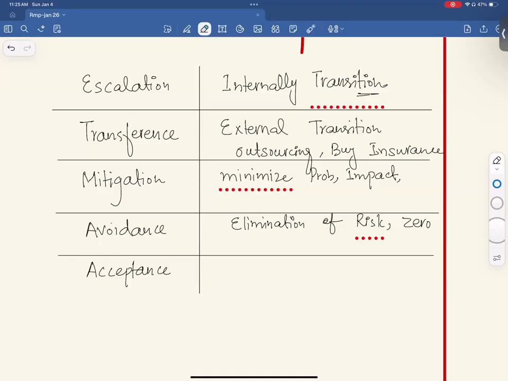For example, let's say driving above 200 kilometers per hour, right? That's dangerous. We're going to avoid that. If there is a race and maintaining 200 speed is a requirement, but there's a high chance that this person would be killed, don't drive. So removing that activity is called risk avoidance.